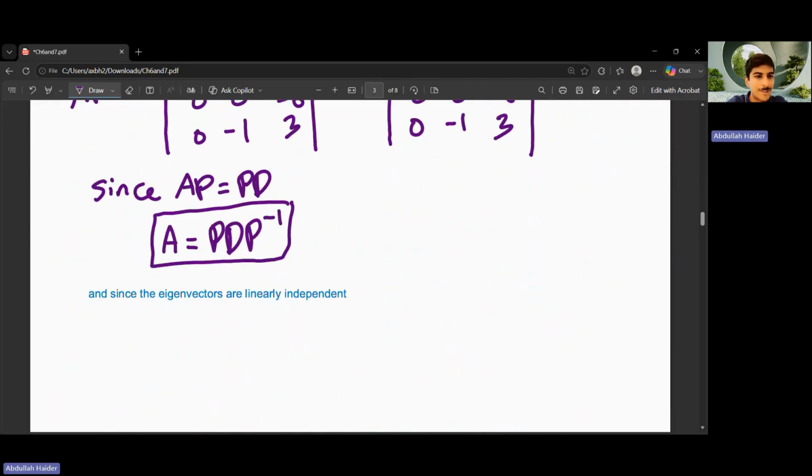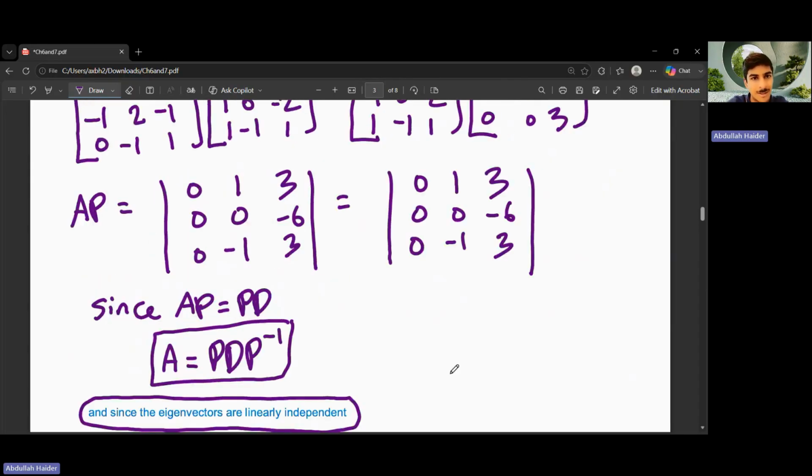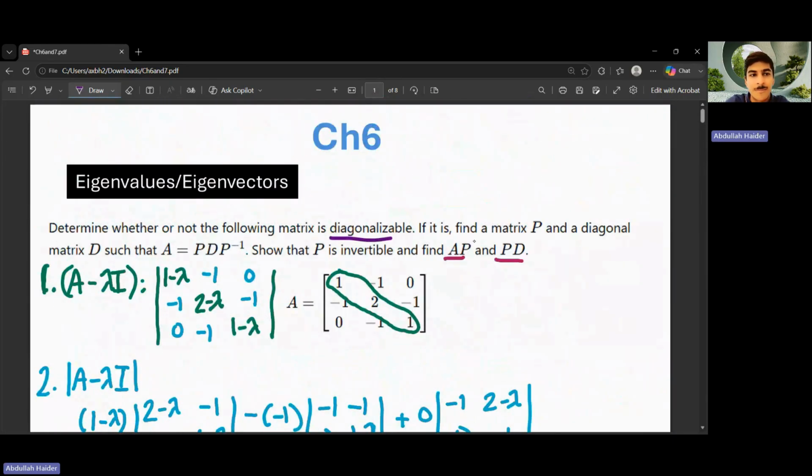So when you say that since the eigenvectors are linearly independent, your matrix A is diagonalizable. These two statements are important. You need to say that A is equal to PDP inverse, and since the eigenvectors are linearly independent, matrix A is diagonalizable.